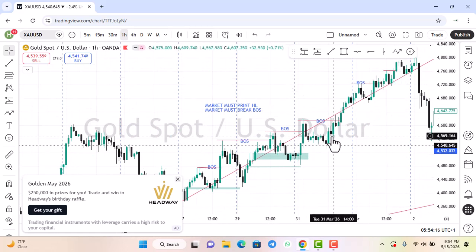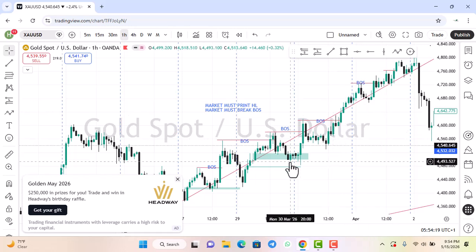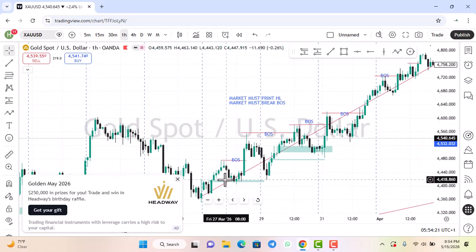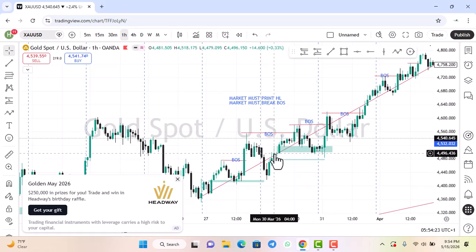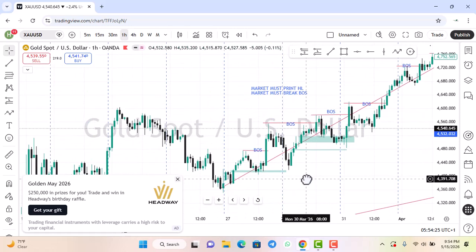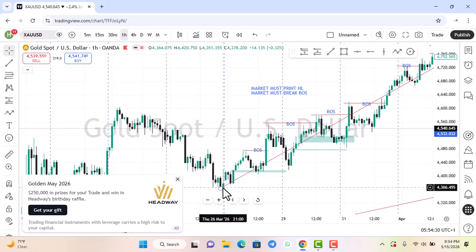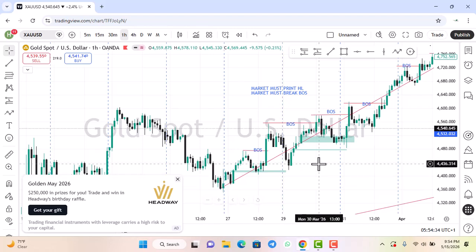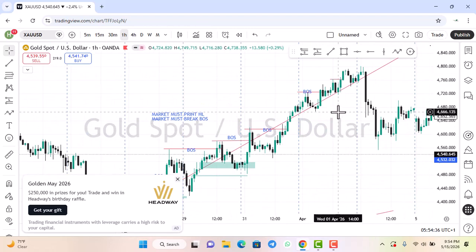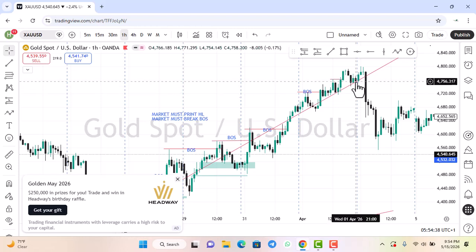So how do I know the last one? Since the market already formed, I can just draw my trend line. Let's say I'm trying to backtest. I draw this first point here, which is our higher low, then take it direct to the last one, which is this one here.